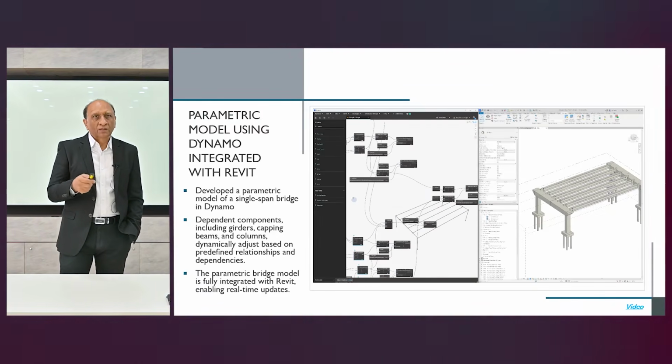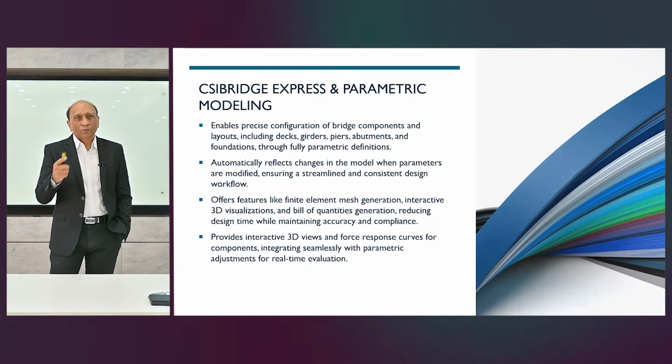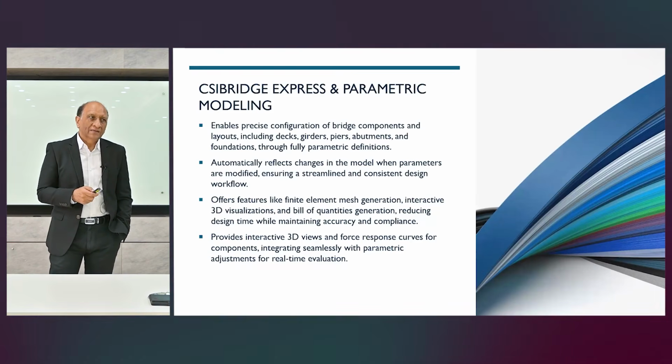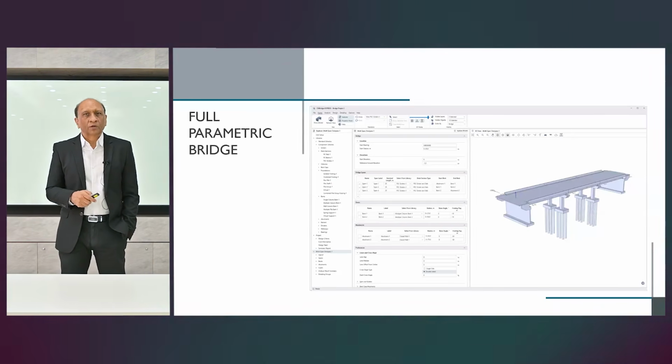So this approach is now put in CSiBridge internally so that we don't need to do the modeling and the programming by ourselves. The program already has this built-in capability. So this is, for example, a full parametric model of the bridge.